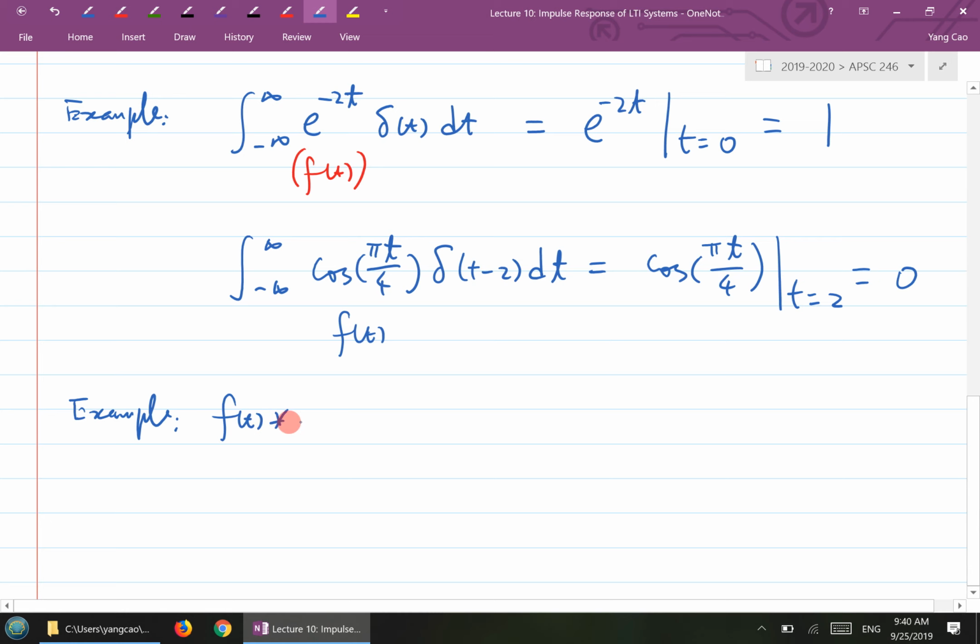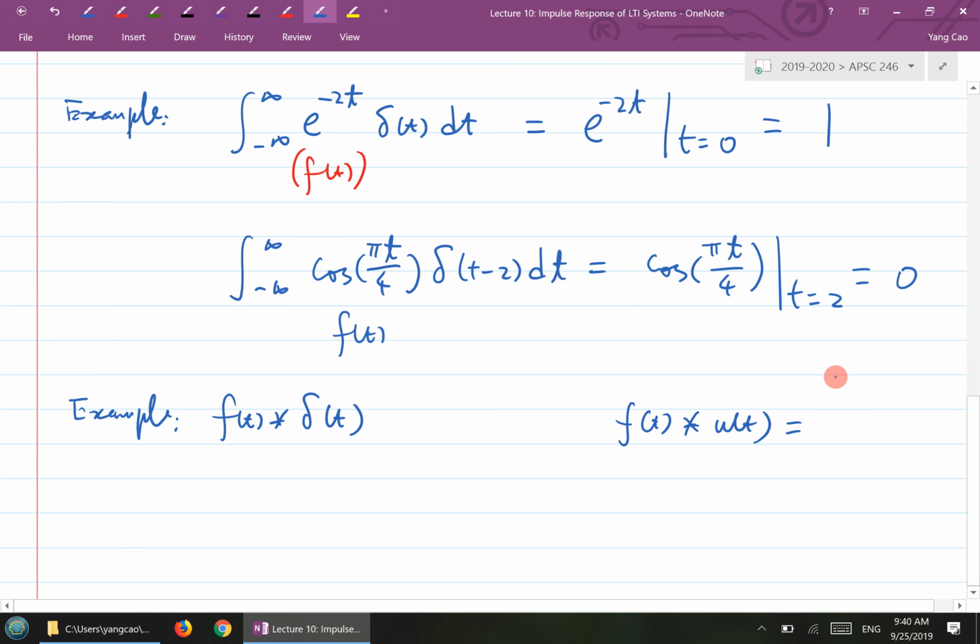Let's look at what will be the convolution between f of t and delta t. Convolution of this. You should jog your mind that we basically did a convolution of f of t and u of t, right?